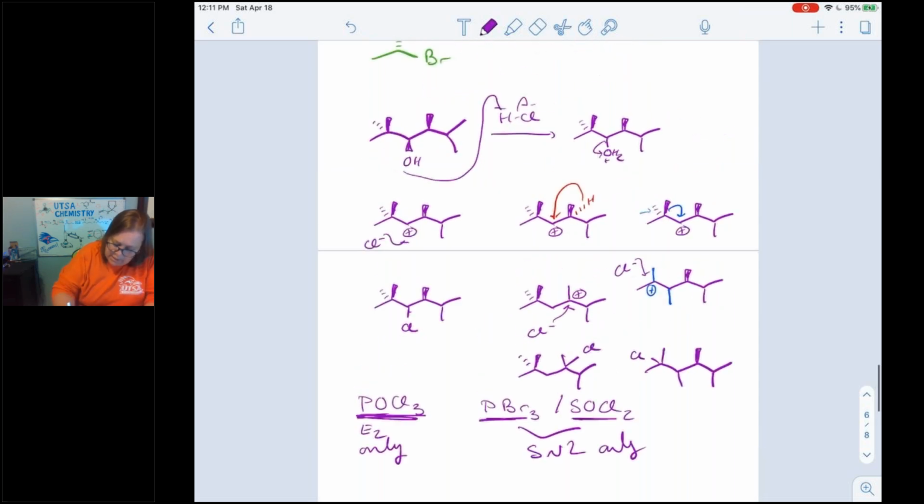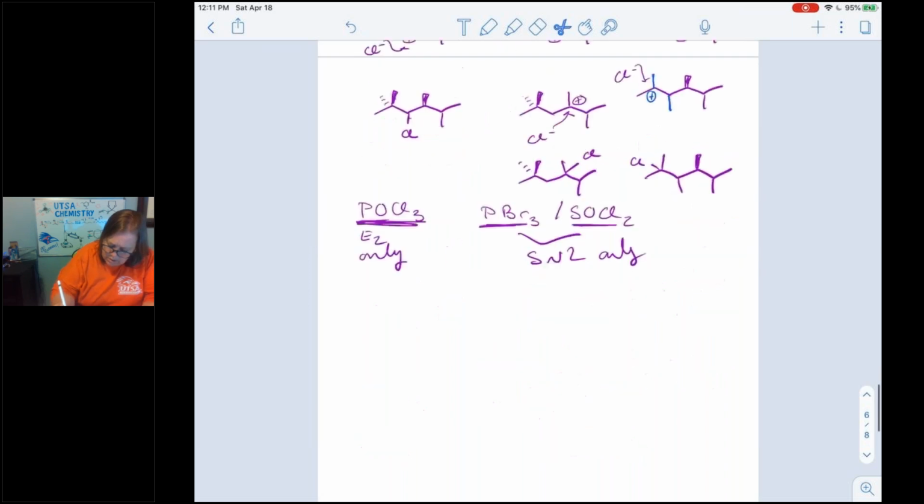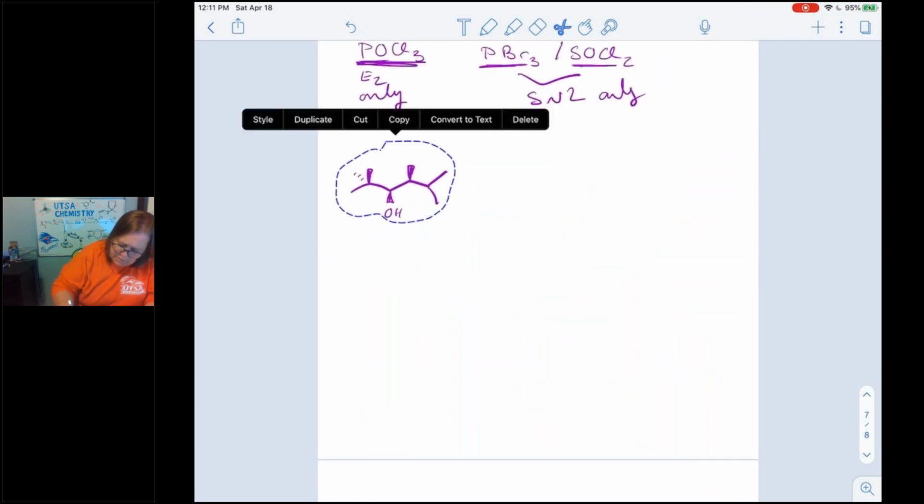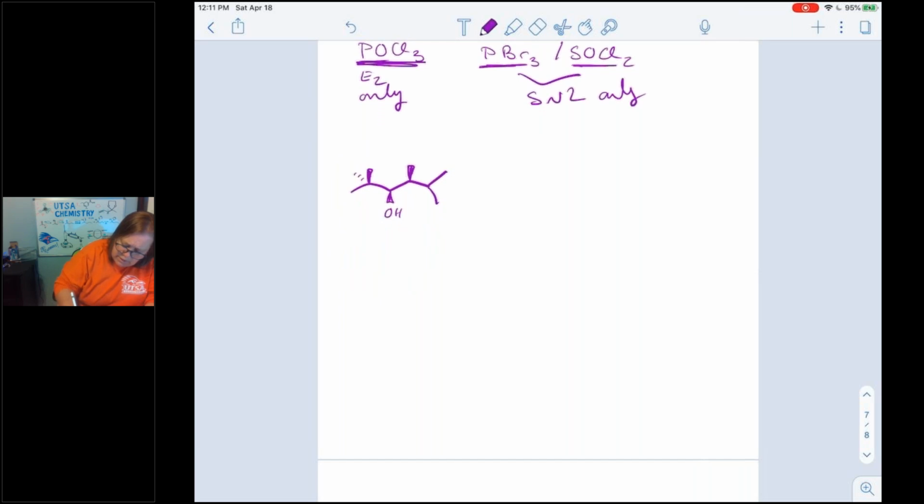So again, going back up here, if I were to take this same species and react it in the presence of PBr3, for those of you that watch the videos, you know that this phosphorus is electrophilic. Nucleophilic attack kicks off a bromine.